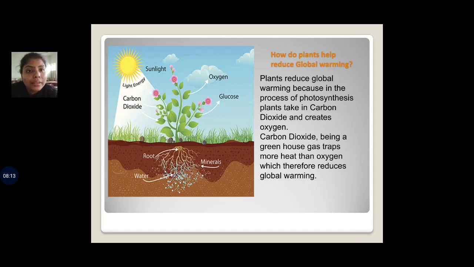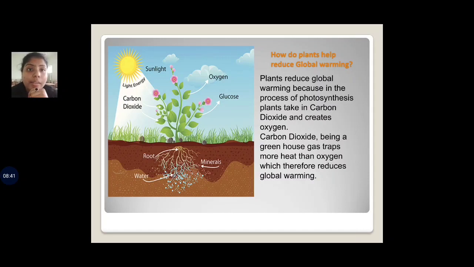Greenhouse gases are the gases that have the capability to trap the heat of the sun. What are these greenhouse gases? Like ozone, nitrous oxide, methane, and one of them is carbon dioxide too.